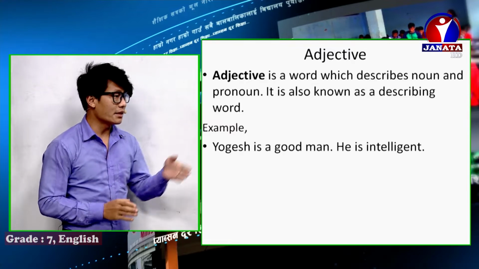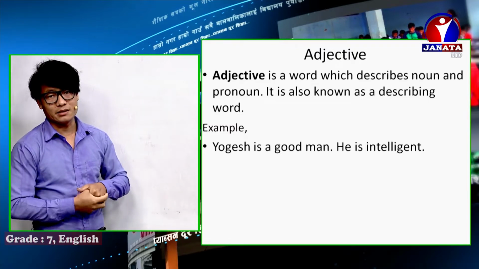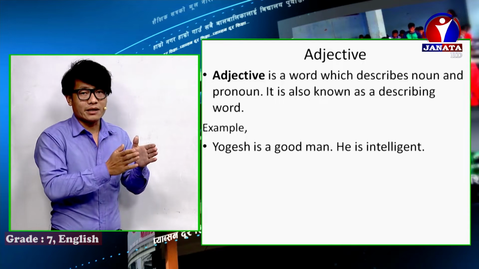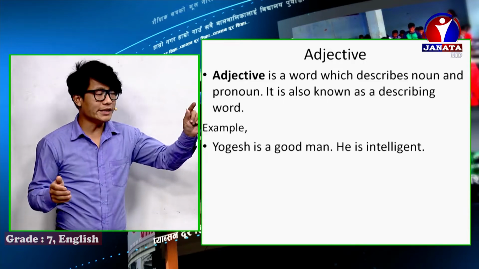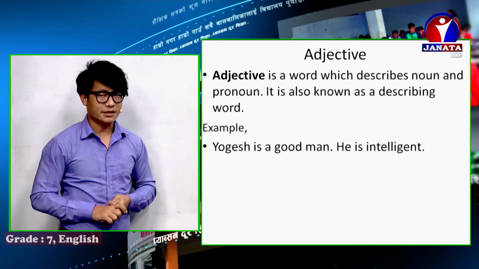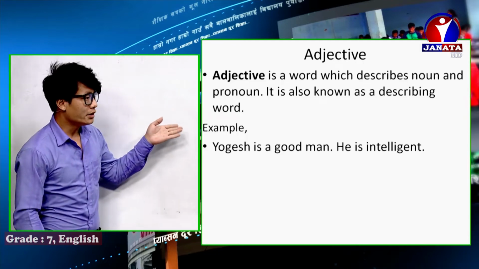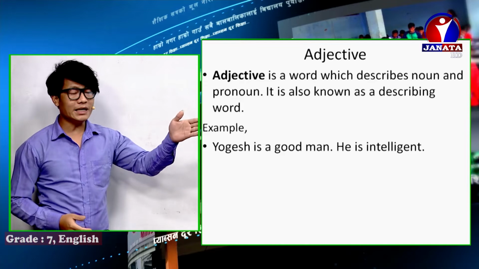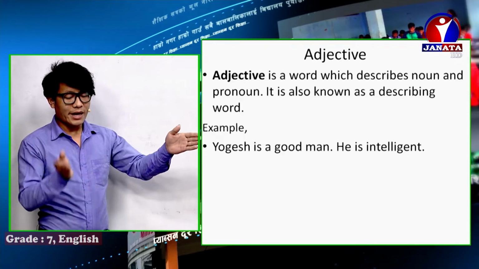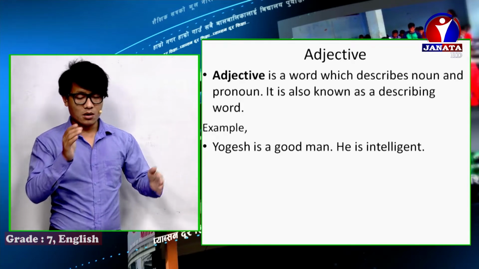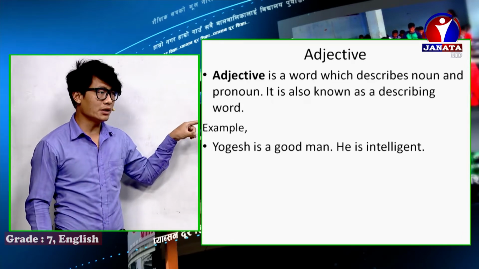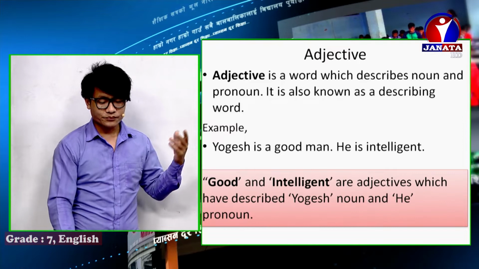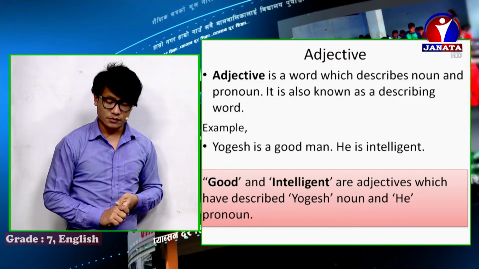Another sentence is there. He is intelligent. How is he? He is intelligent. So intelligent is an adjective. So you can see Yogesh is a noun, he is a pronoun. So an adjective is a word which describes a noun and a pronoun.